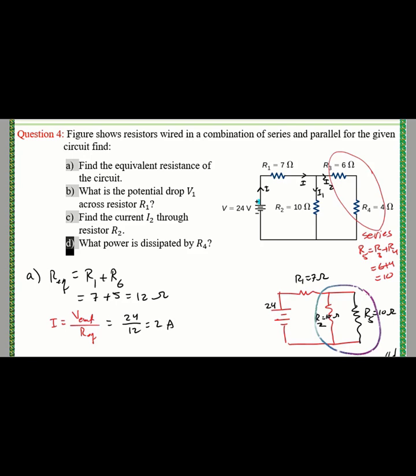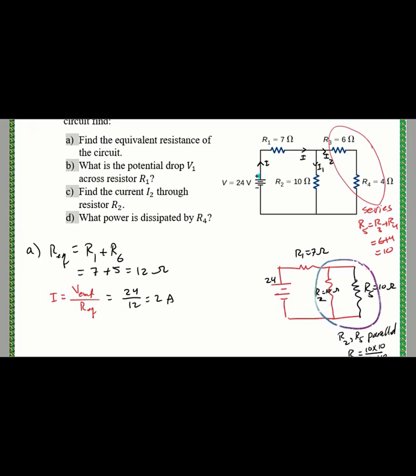Here I can find the potential difference across R1. V1 equals I times R1, because the current flowing through R1 is the total current.